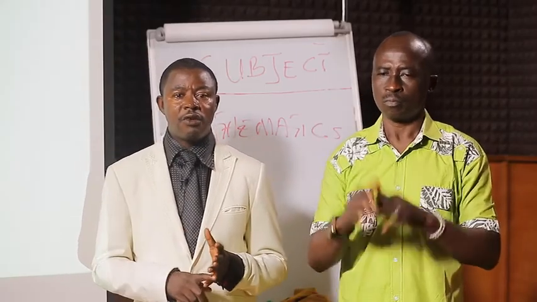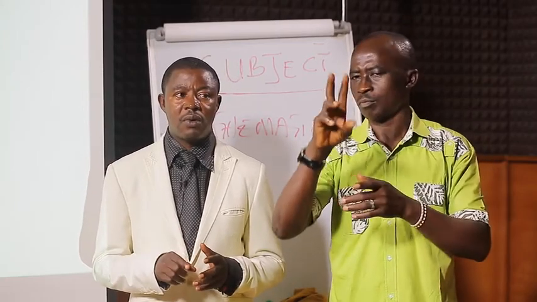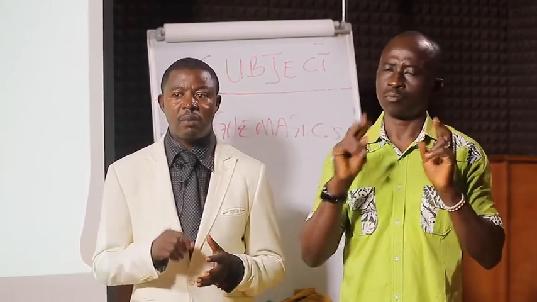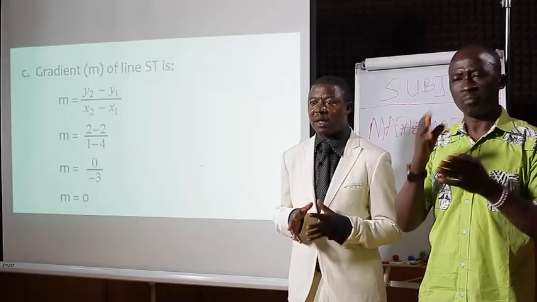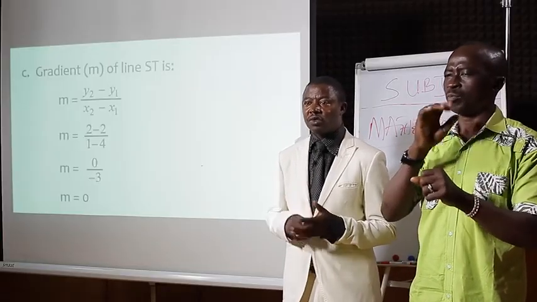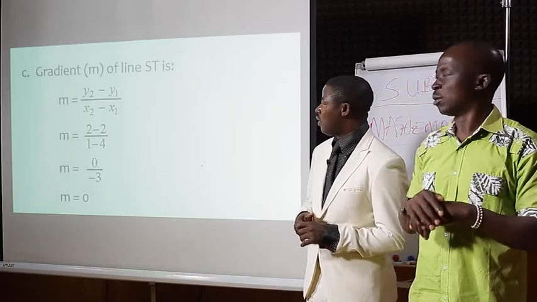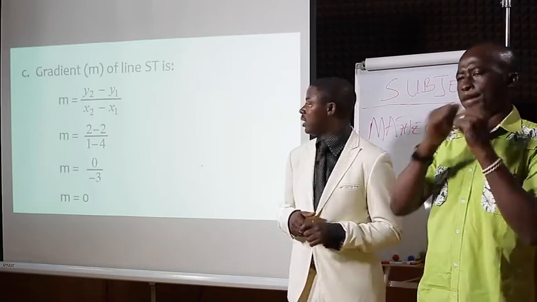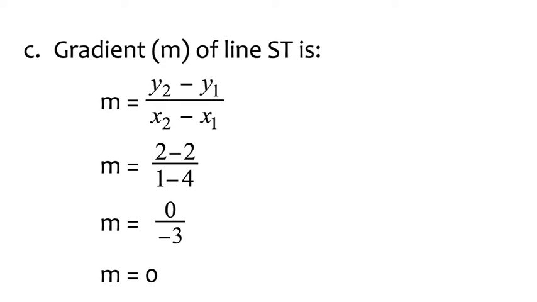Mark you, x2 minus x1 must not be 0, otherwise it will make the fraction undefined. So we now substitute: y2 is 2, so 2 minus 2, divided by 1 minus 4. 2 minus 2 is 0, divided by 1 minus 4, which is minus 3.